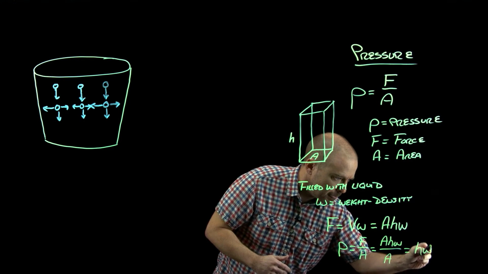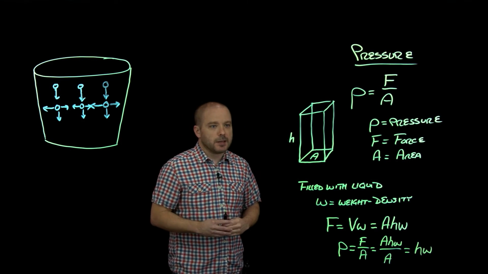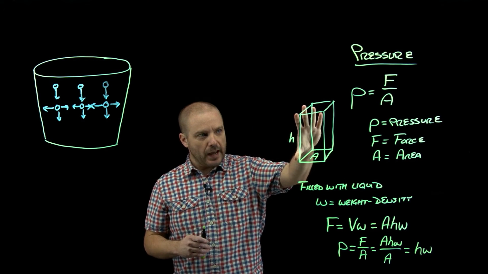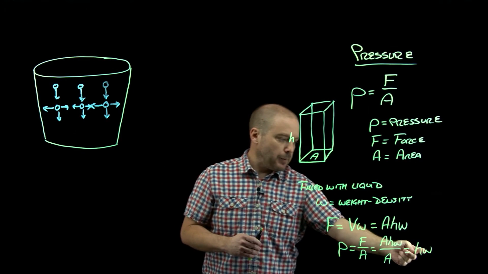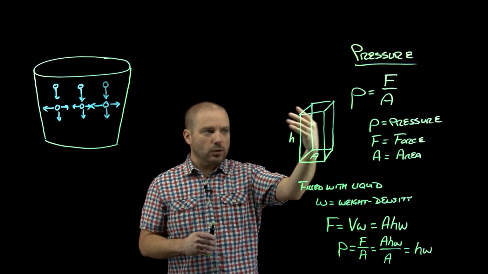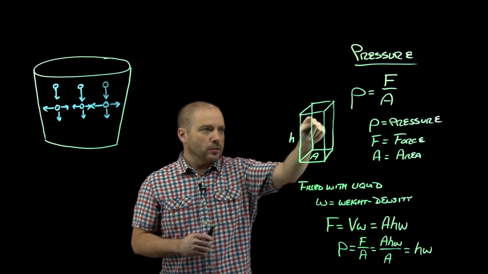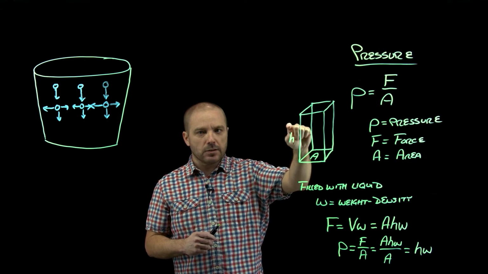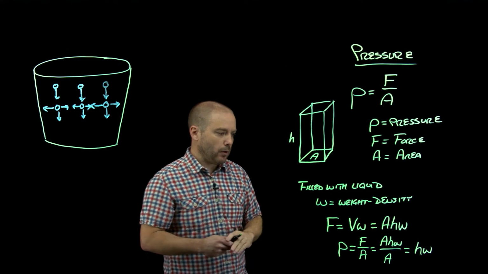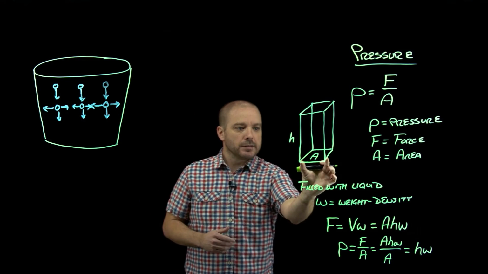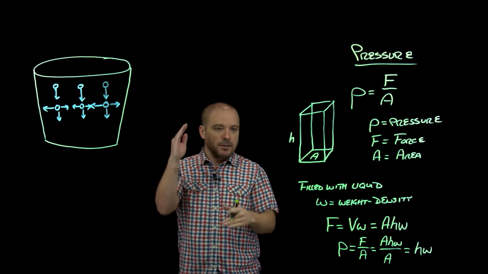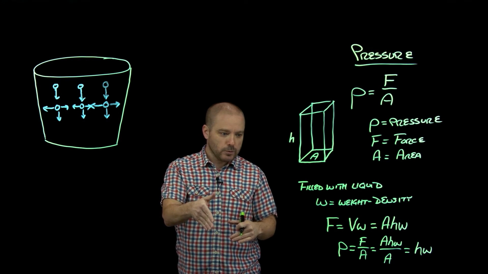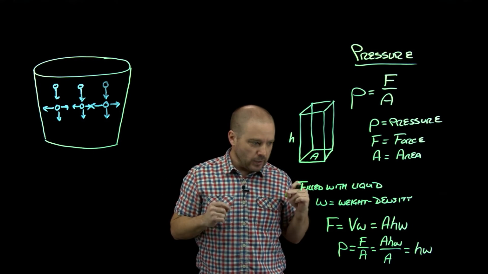So pressure is simply your depth, h, times the weight density. Notice it has nothing to do with the shape of this container, just how far below the surface of the water you are. This h is really how far underwater we are. We've all experienced this in everyday life. You go swimming, the farther down in the pool you go, you feel that pressure on your ears.